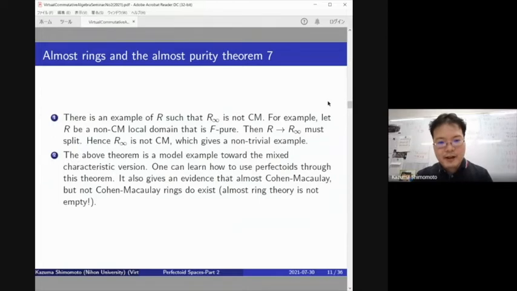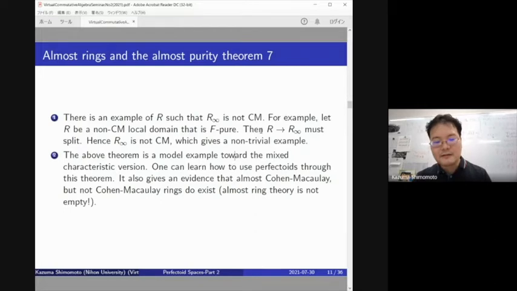By the way, you might wonder whether R infinity is a big Cohen-Macaulay algebra. For example, if you take R to be a non-Cohen-Macaulay local domain that is F pure, then this map from R to its perfect closure must split. Therefore, if R infinity is Cohen-Macaulay, that means R must be Cohen-Macaulay.